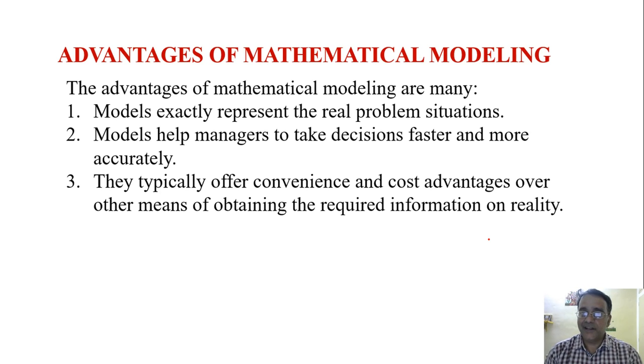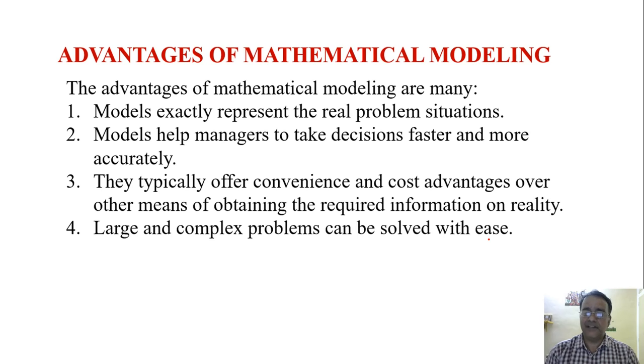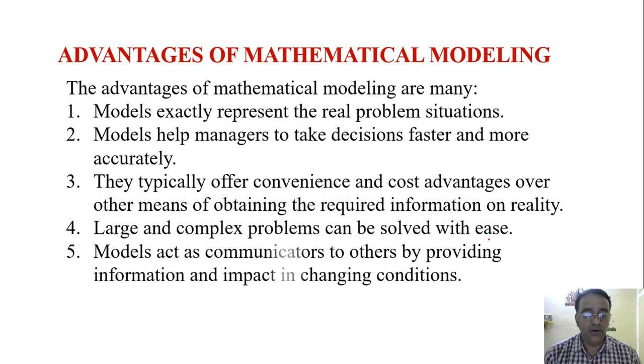The fourth, very important, is that large and complex problems can be solved with ease. And the last one, models act as a communicator to others by providing information and impact in changing conditions. So these are some advantages of mathematical modeling.